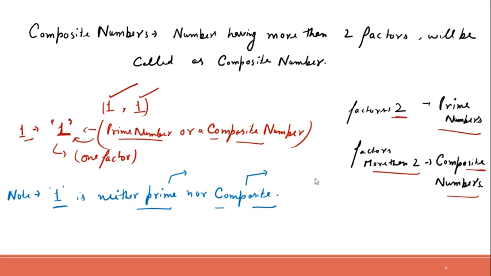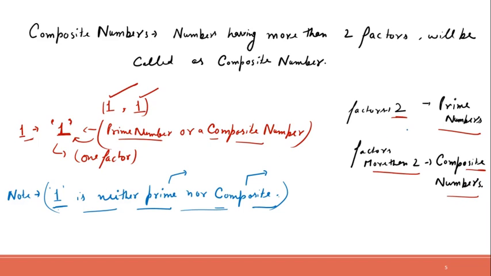If the number is having two factors, then it will be called a prime number. And if the number is having more than two factors, it will be called a composite number. But 1 is having only one factor. So we will not place it in any category, and it is an exception. 1 is neither prime nor composite. Okay, remember this point.